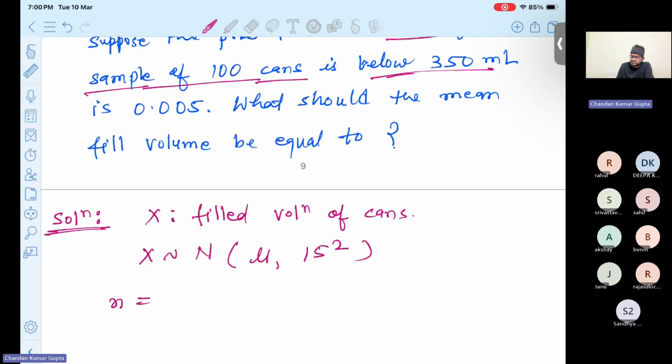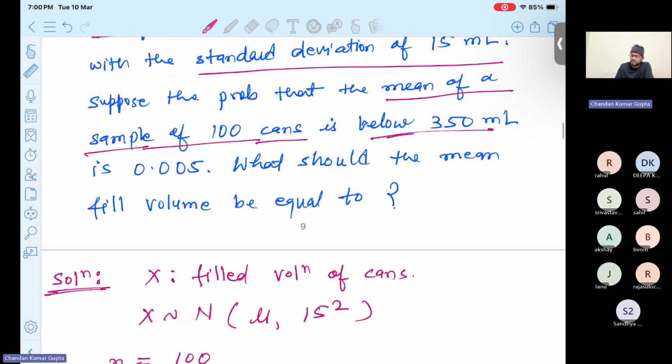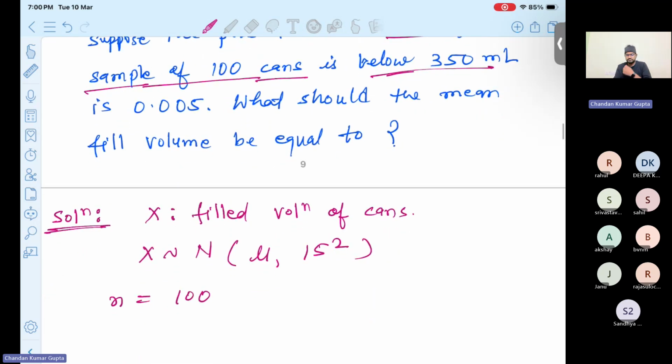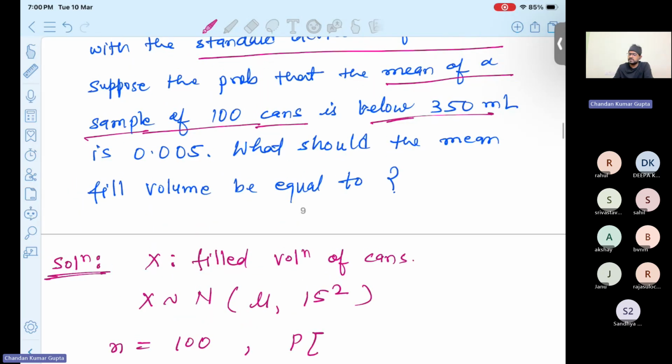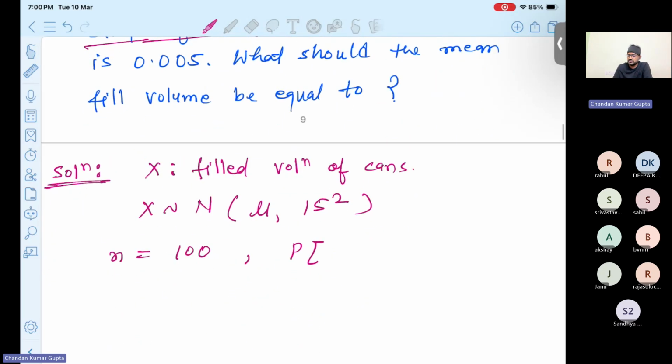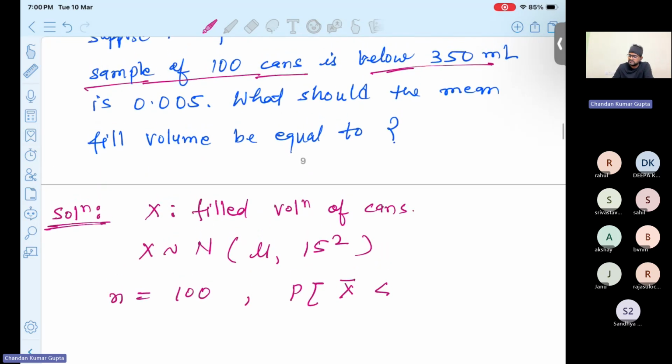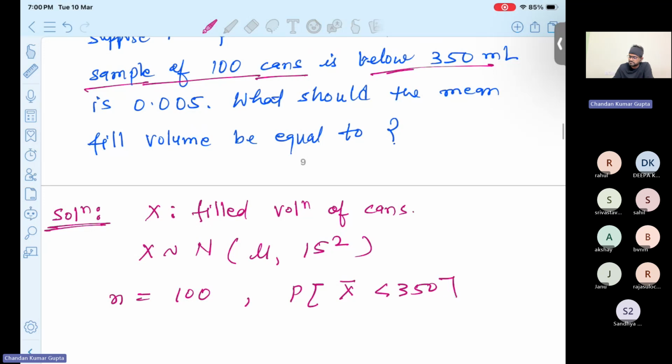Also, we are given a random sample of size 100. We are also given the probability that the mean of a sample of 100, that is X bar, is less than 350 has probability 0.005.